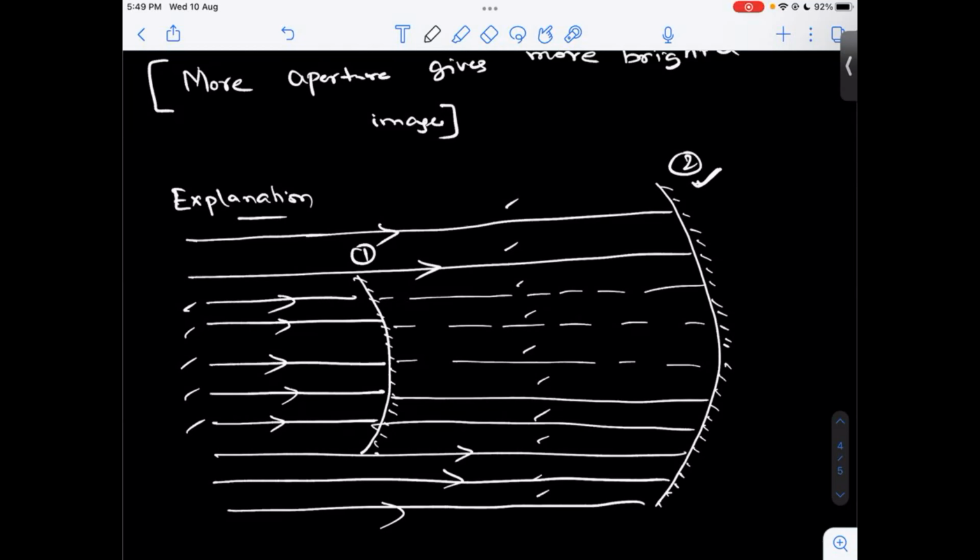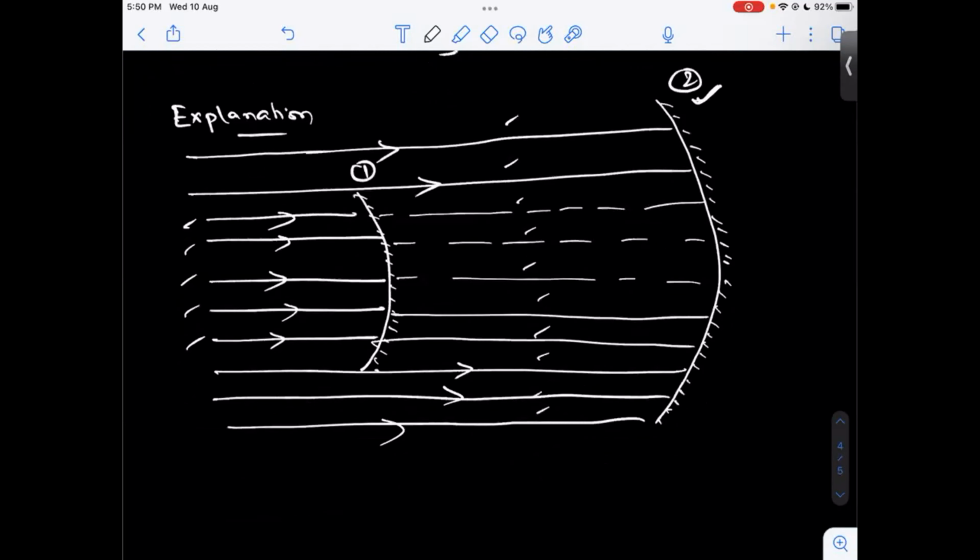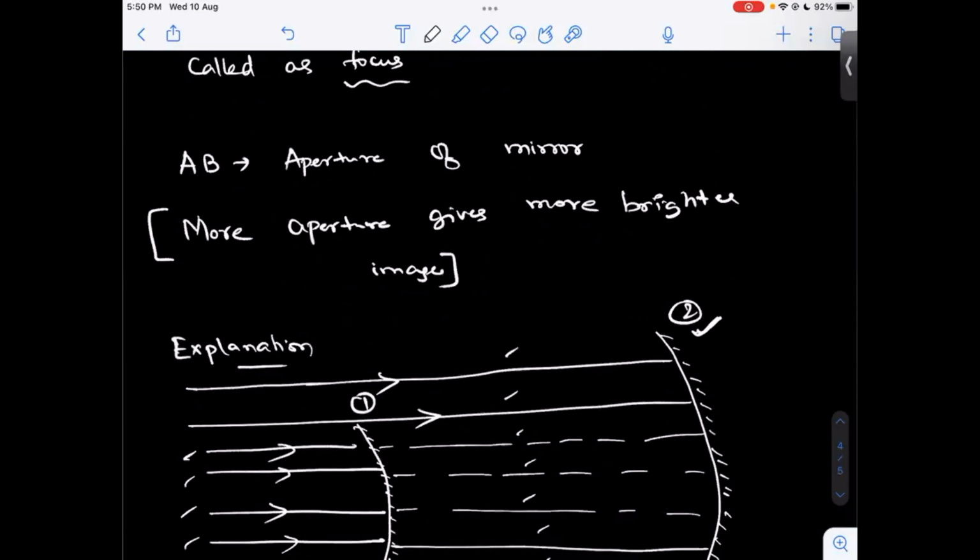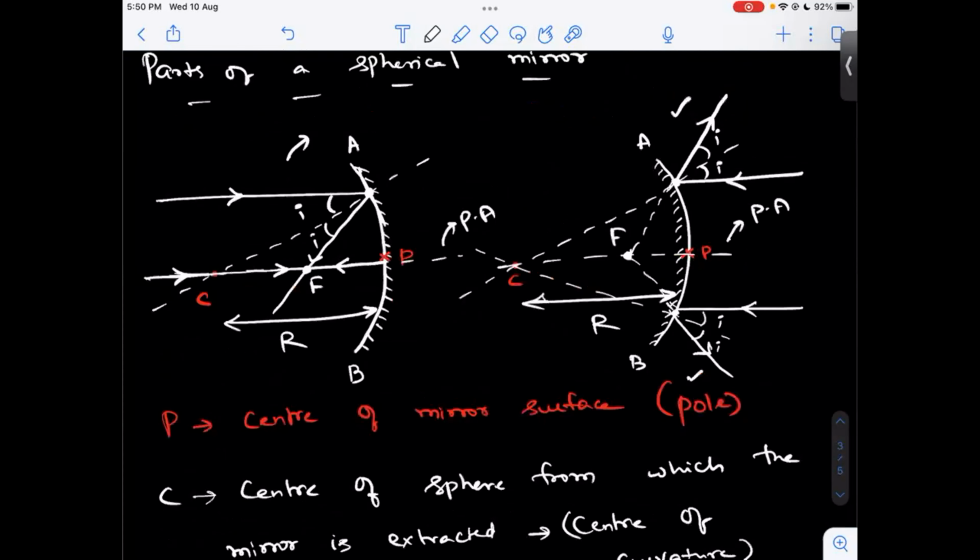Okay, so this is how it works. Is that point clear? Right? So this is about aperture.